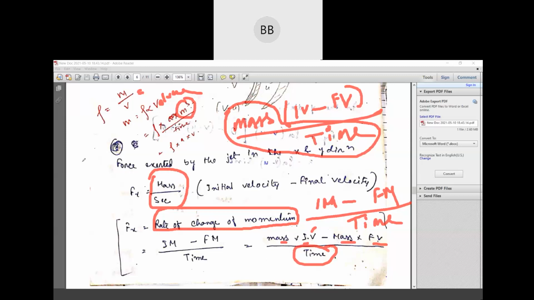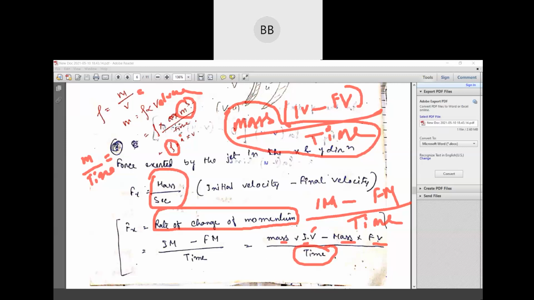Mass by time, you can write as rho into volume per time. Understood? Mass per time, you can write rho into volume per time. The unit of volume is meter cube, divided by time. Time you can consider second.